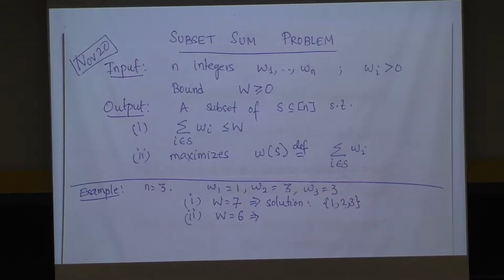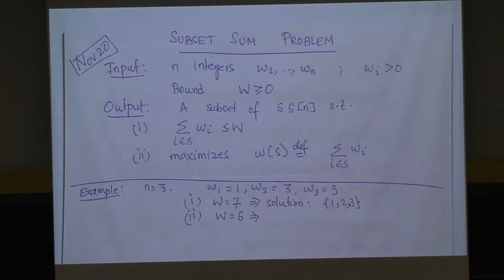Right, so in this case, you can take both 2 and 3, and that will give you a total weight of 6, which is less than or equal to the bound of 6. And this is the best possible thing. If you pick all 3, then you're exceeding the bound of 6. If you pick any other subset of size 2 or smaller, it will have values strictly smaller than 6. Okay?